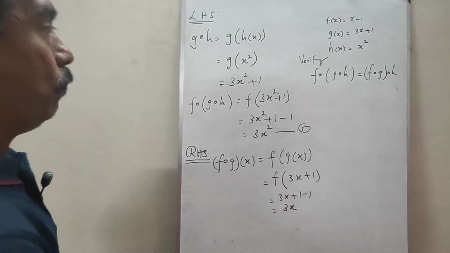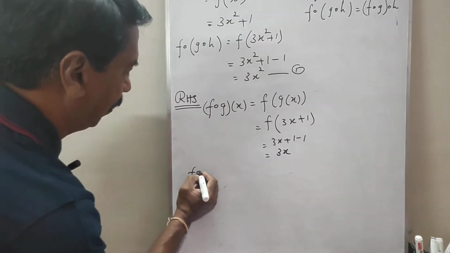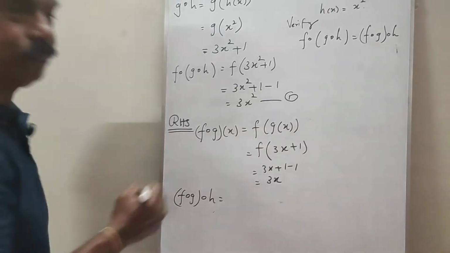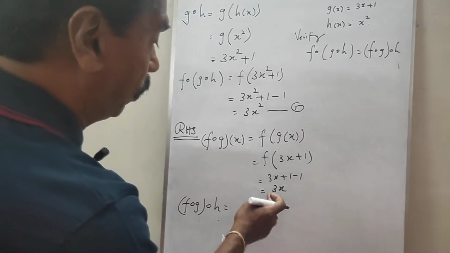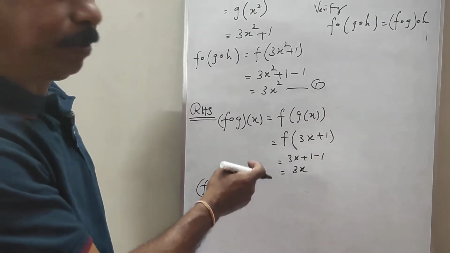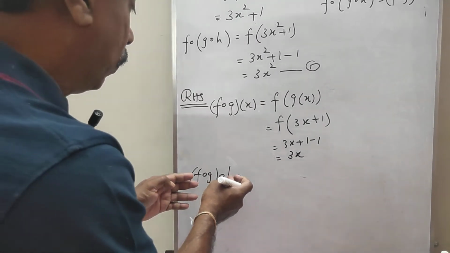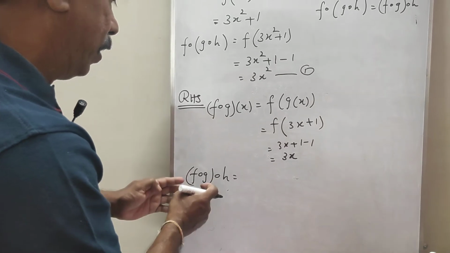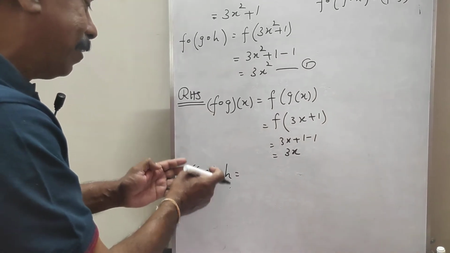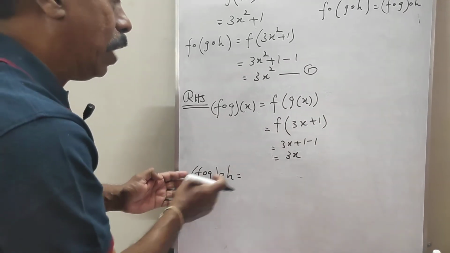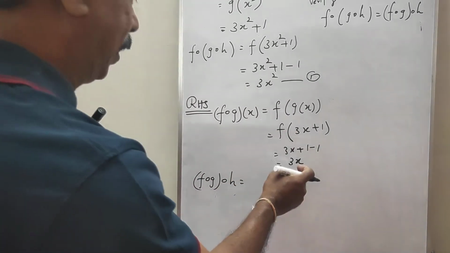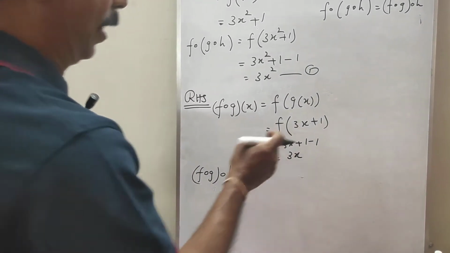Okay. Now we complete. Now this is (f∘g) of h. Even though we got f∘g in the very first step, now we have to find f∘g of h. As I said already, only in this function f∘g we have to replace x. What is f∘g? It is 3x.